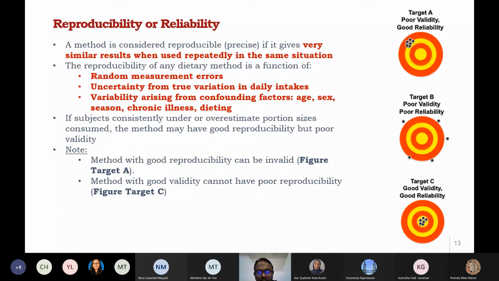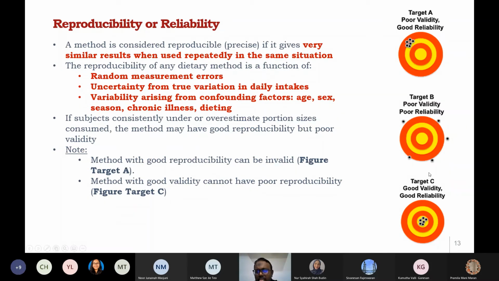Therefore, it has poor validity. So a method with good reproducibility can also be invalid. If you can see target A here, this is poor validity but good reproducibility or reliability. If it is good validity and good reliability, it should be as shown in target C here.